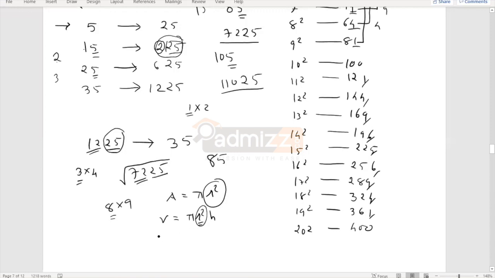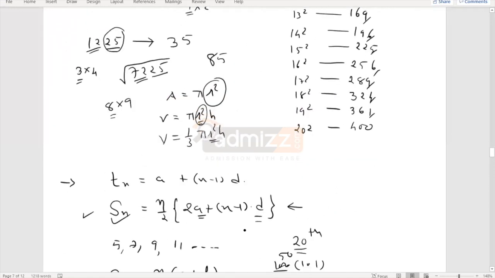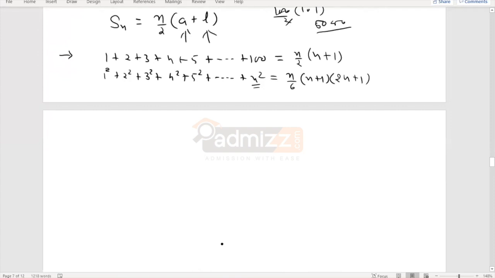So squaring should be very fast. Now V equal to 1 by 3 pi r square h. In this way also you have to find the r square. So for square root, you should have an idea about this. Correct? And some sequences will come in this way.